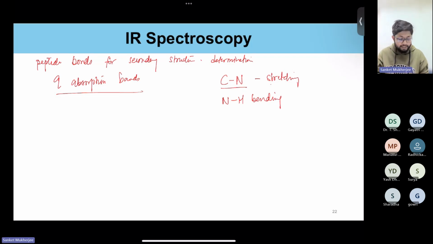IR spectroscopy. So let's say if the polypeptide conformation has alpha helix, its wave number would be in the range of 1657 to 1648. If it is a beta sheet, then it would be 1641 to 1623.